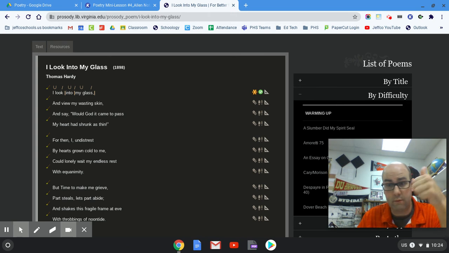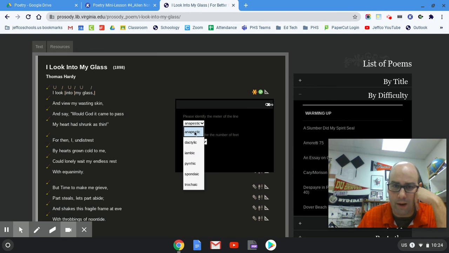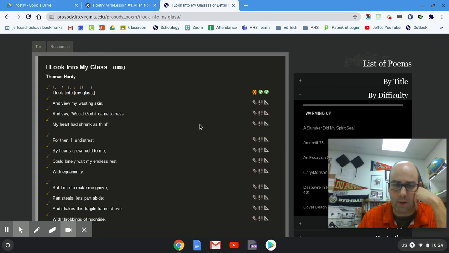If you get a star, that's okay. If you get a green check mark, even better. The stars just want you to think about it a little bit more. It's almost right, but I'm okay with stars. And then you're going to come over to this triangle and say, okay, it's primarily iambic. And how many feet? There's 3. So iambic trimeter. And then I got a check mark.